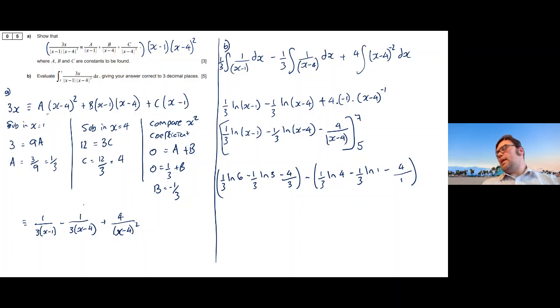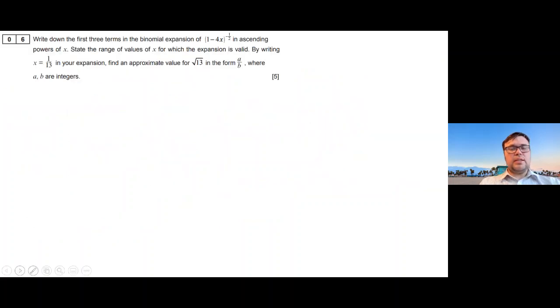Obviously the ln of 1 is 0, so that's going to go, but it would have worked out. If you stick that directly into the calculator, you will get an answer of 2.436, correct to 3 decimal places. And then we're done.